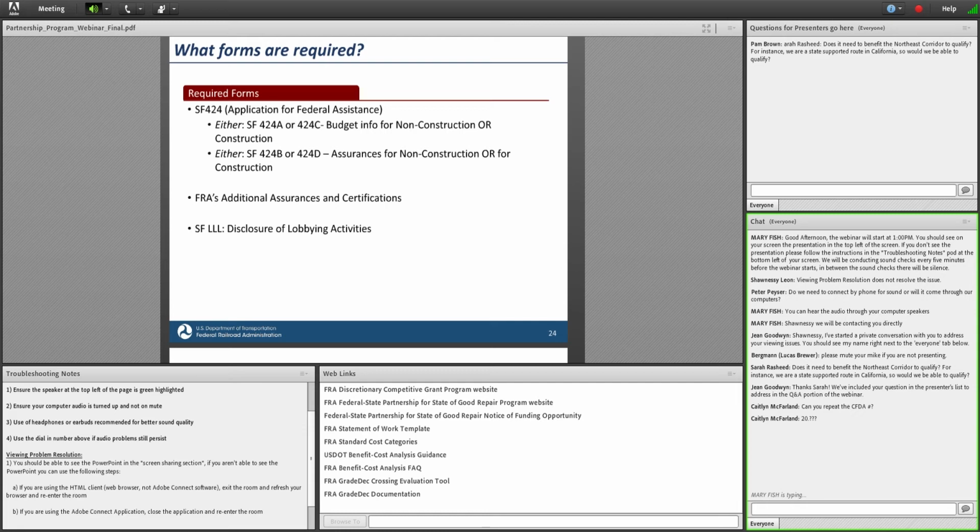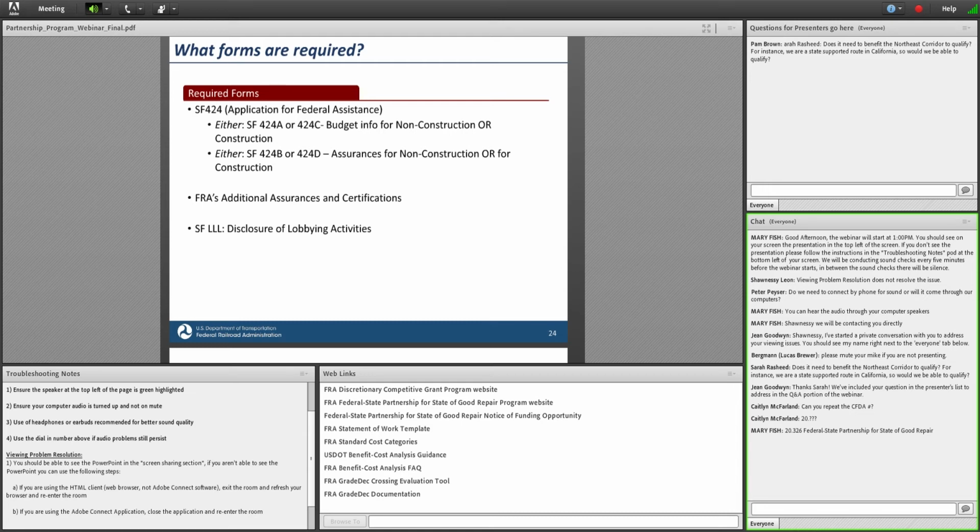So the forms, sometimes there is a little bit of confusion about the forms. Be sure you fill out your SF424. And then if you most likely have a construction project, fill out the 424C and 424D.